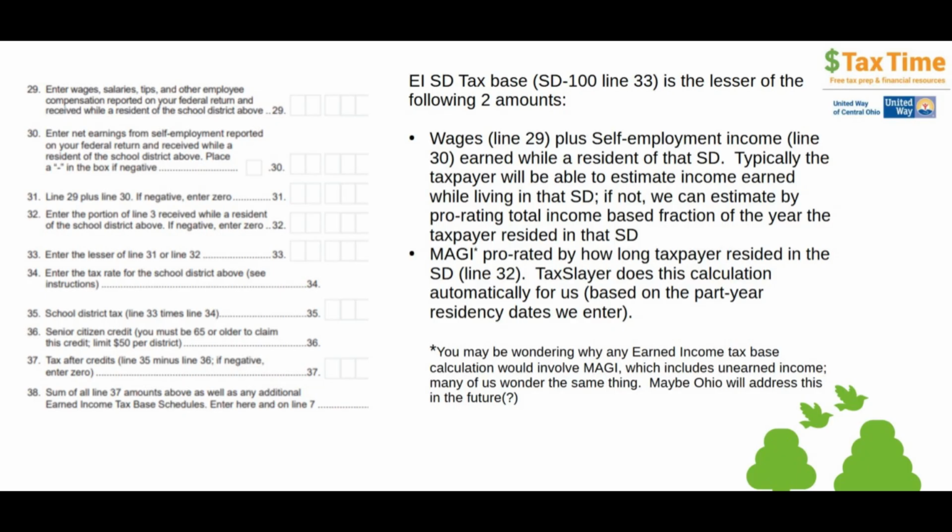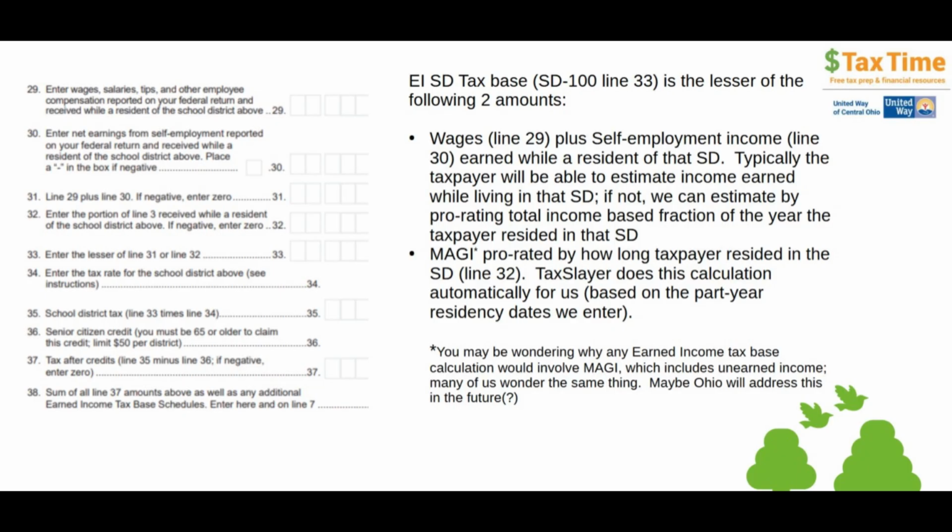Line 32, which is the MAGI prorated by how long the taxpayer resided in the school district, is also used as part of this comparison. TaxSlayer does this calculation automatically for us based on the part year residency dates that we entered.